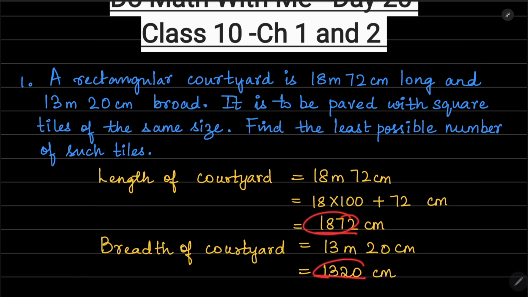So these two are the given values. You have to calculate the side. What is the length of the square tile, right? Square means all the four sides will be of the same length. Obviously, the length of the square tile will be a value which will be lesser than the given value.